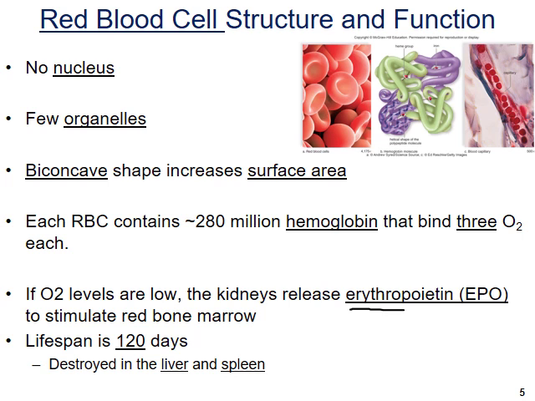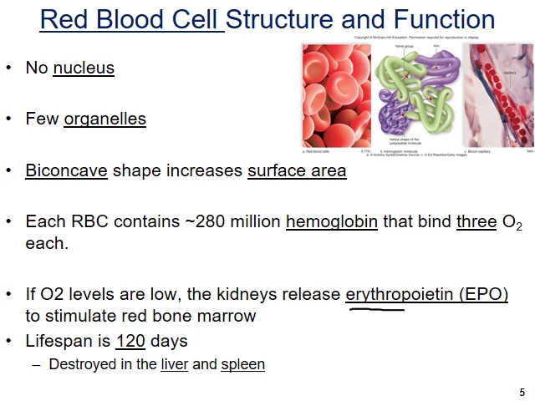Because red blood cells don't have a nucleus, there's no point in them dividing, because they have no genetic information to pass on. They don't even have the genetic information to conduct the process of dividing. So basically, once they're produced, they just have a lifespan of about 120 days.